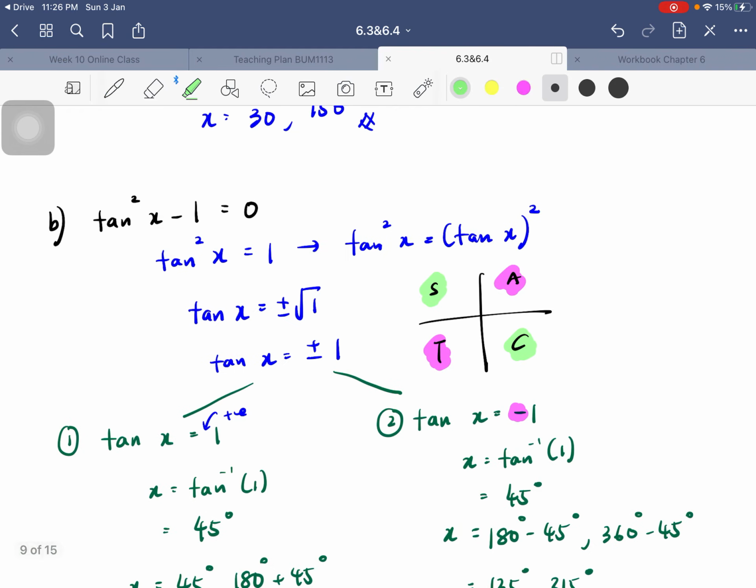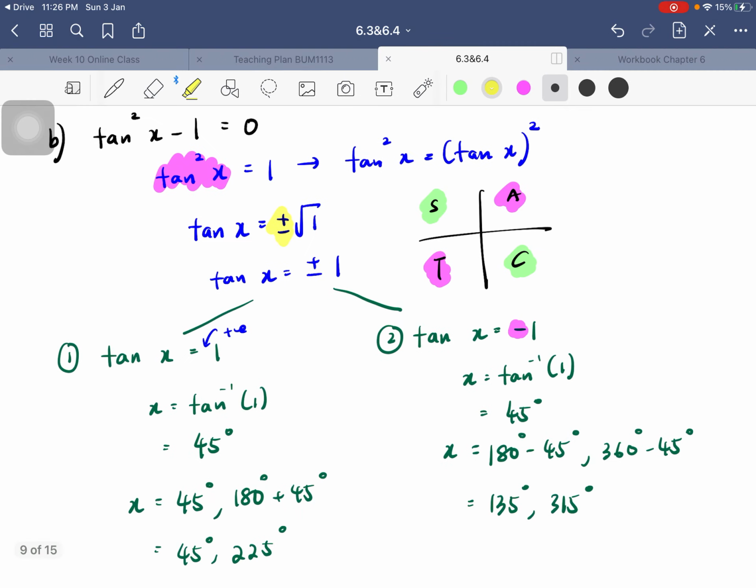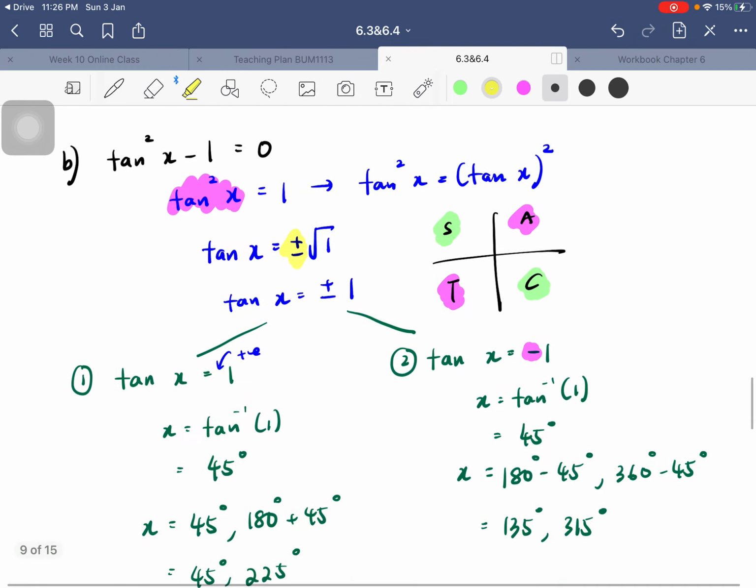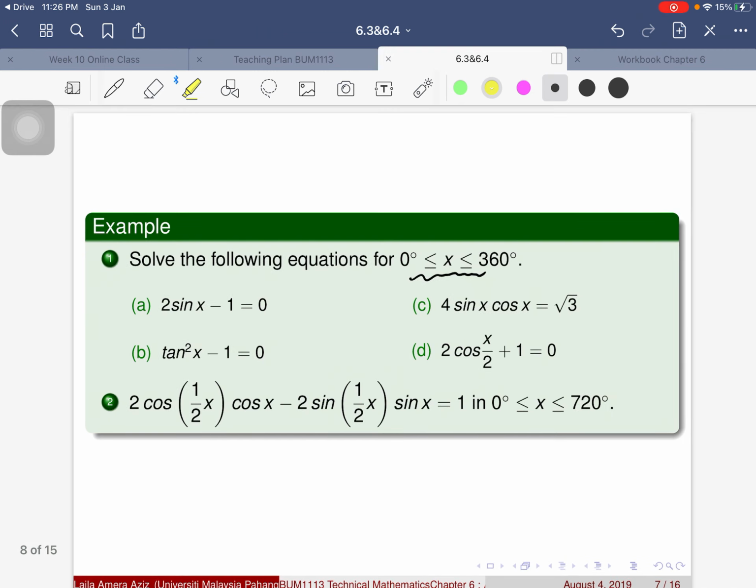Because my function is a square, so I have tangent square. When I square root both sides of the equation, it gives us two answers, which is plus and also minus. So you have to separate them and find the angle in a separate calculation. It's going to be easier that way, so it doesn't confuse you. Okay, so that is going to be the outcome for B. So this is going to be our second equation.